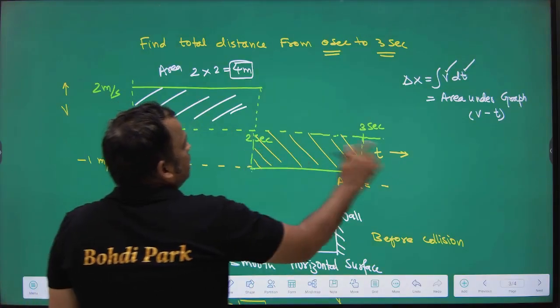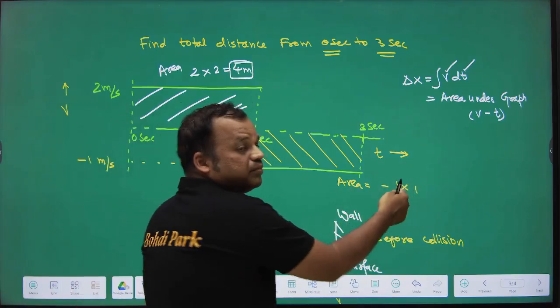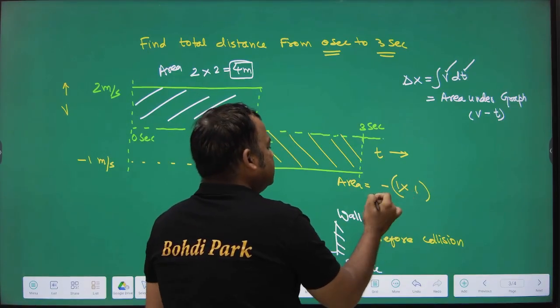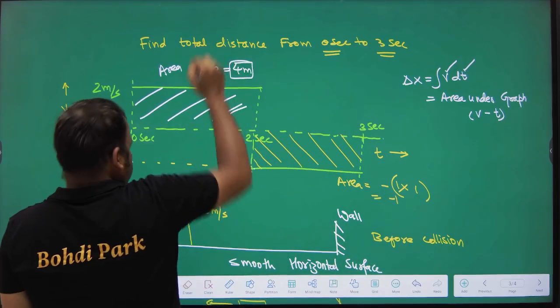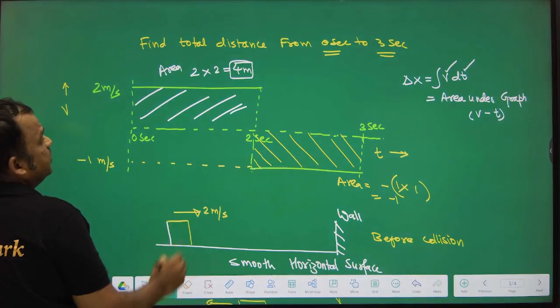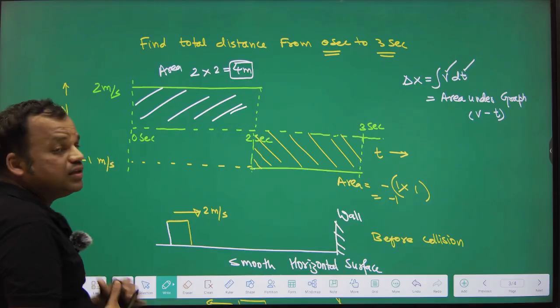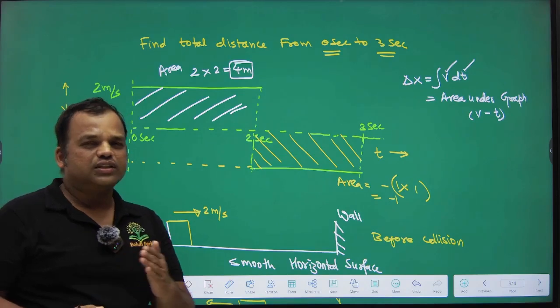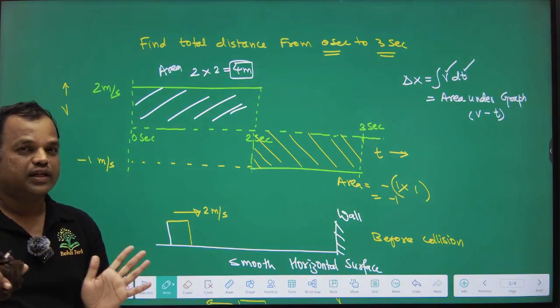Then the length is 1 and breadth is also 1. Now we will take magnitudes here. Magnitude of length, magnitude of breadth. So this is -1. So the total distance will be, now when we talk about distance, distance has nothing to do with direction. How much it has traveled right side, how much it has traveled left side without direction.